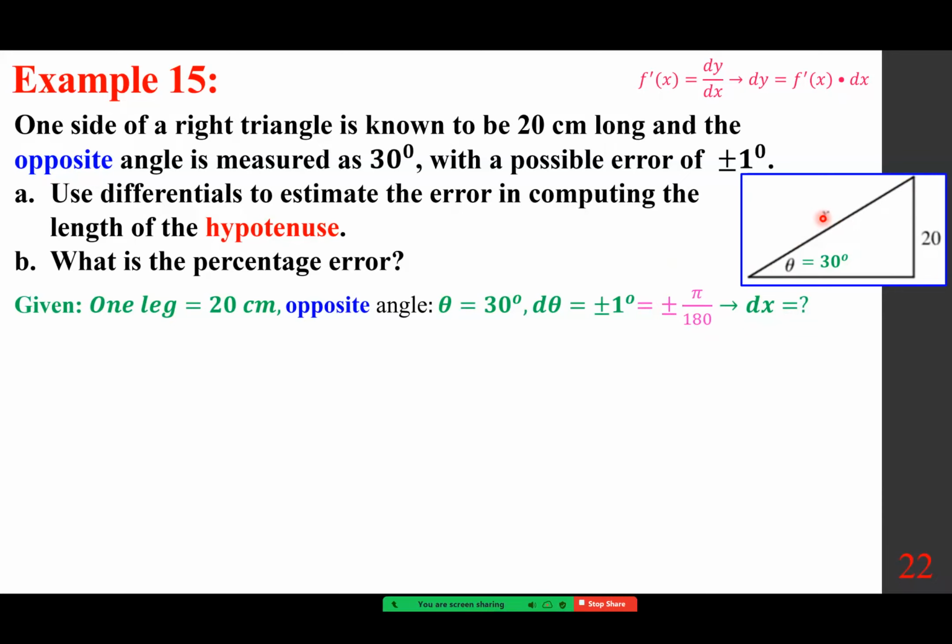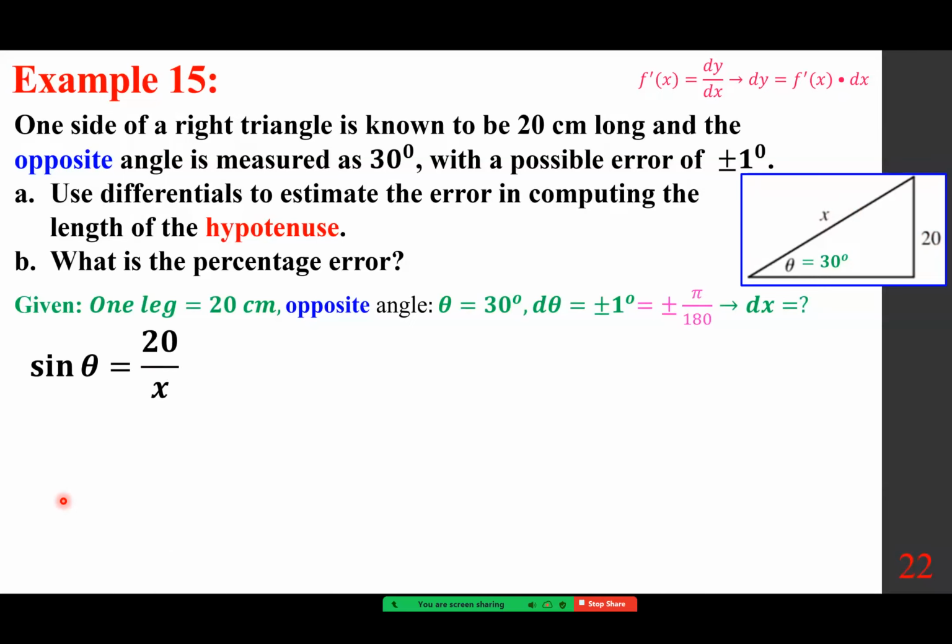And so all you have to do is come up with an equation that relates the two. We are going to write one of the trigonometric functions. Because this side is 20, sine of theta is the opposite over the hypotenuse. Therefore, sine of theta is 20 over x. I can use a cross product, since I'm interested in finding x.